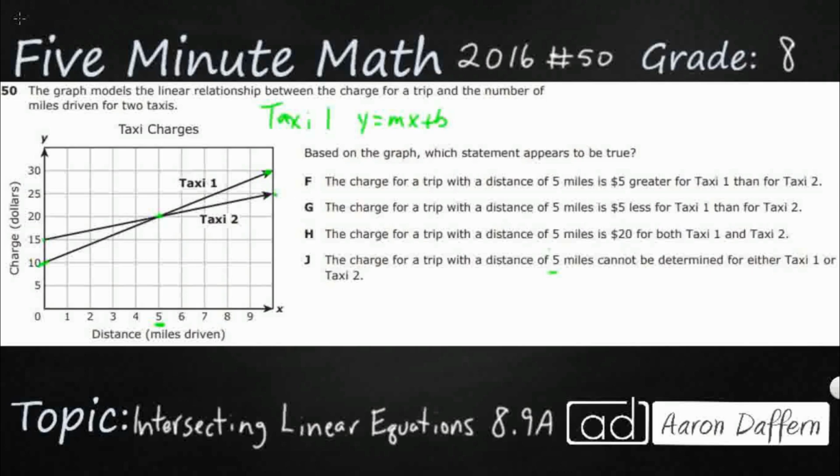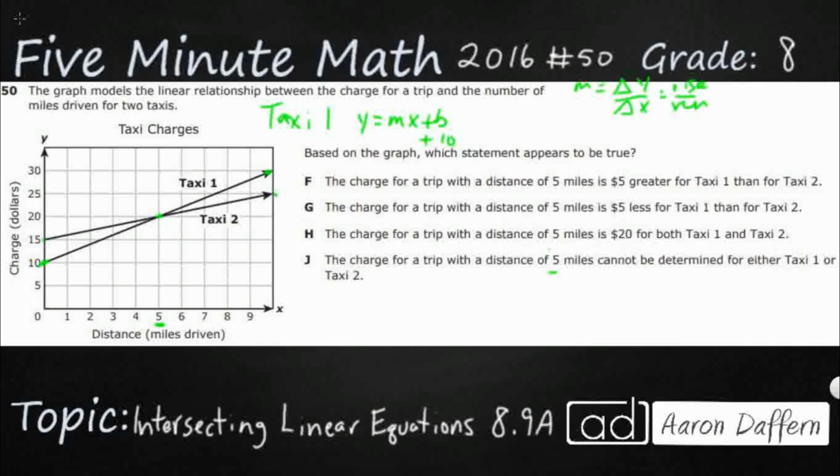The y-intercept is super easy, because look at taxi 1, it's going to be plus 10, because y is 10 when x is 0. So all we need is the slope, right? Remember, the slope is the change in y over the change in x, because that's rise over run. Let me get two different y coordinates.